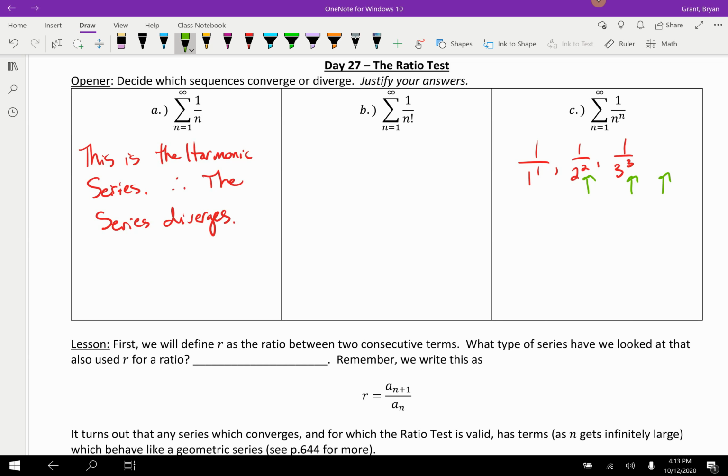On 1 over n factorial, if we look at these, we get 1 over 1, and then 1 over 2 factorial, and then 1 over 3 factorial, and then 1 over 4, and of course, so on and so forth. But the whole point of this is realize that eventually each of these is going to have a power bigger than 2. Imagine if you're doing 2 times a number.